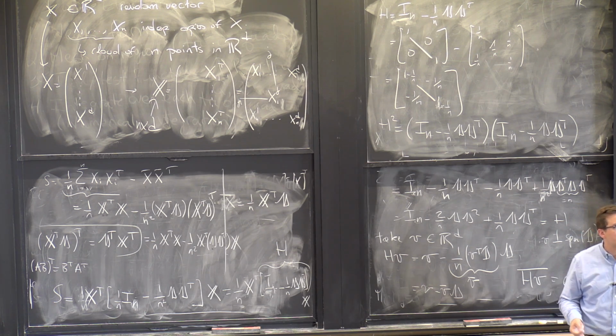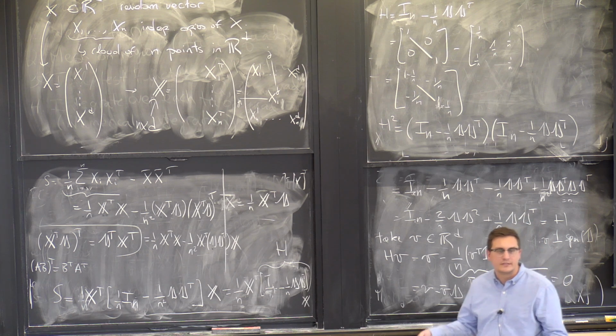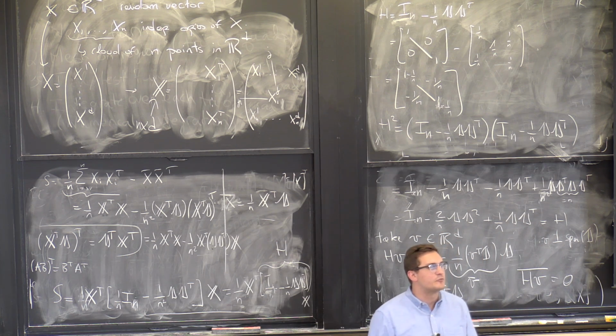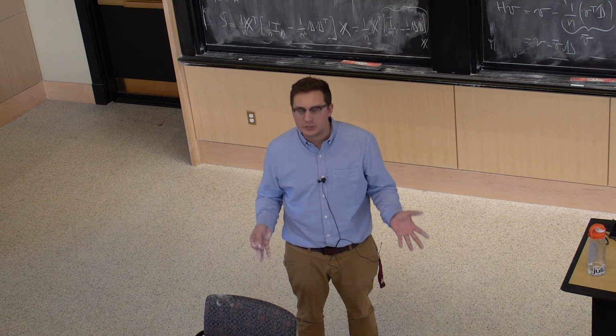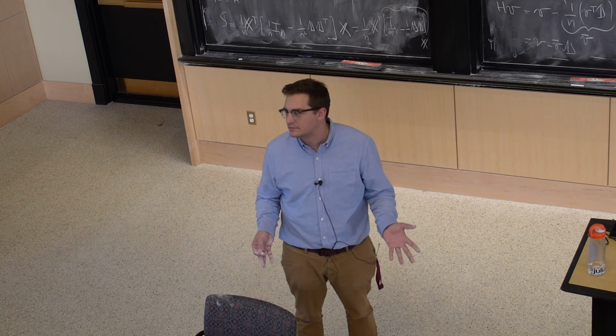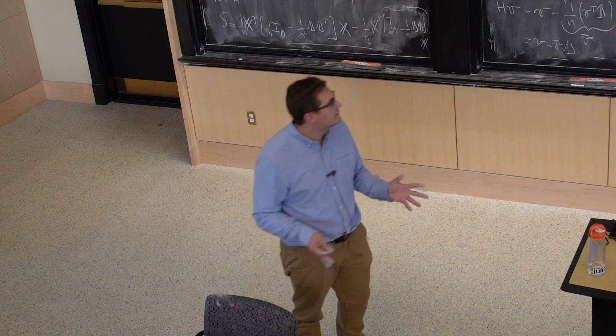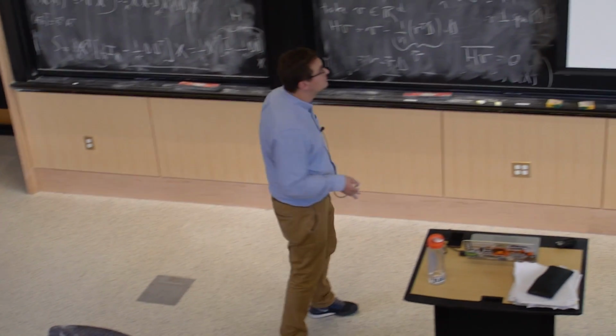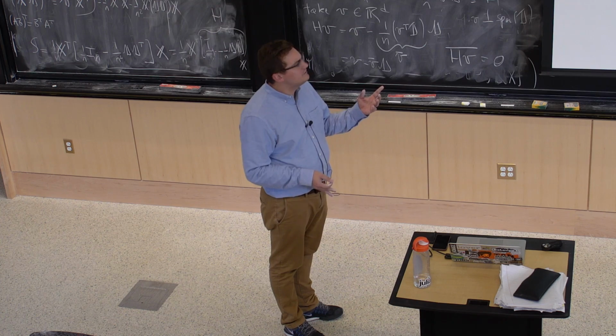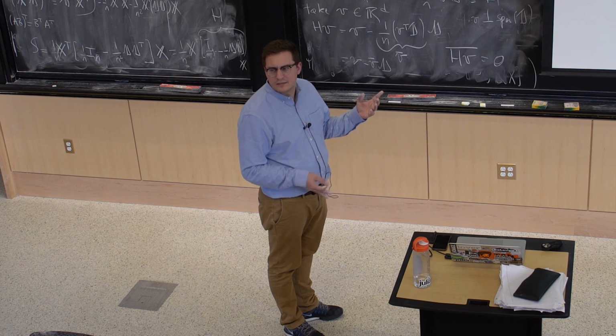That's it. So in words, it projects onto the space of vectors that have 0 mean. In linear algebra, it projects onto the hyperplane which is orthogonal to the all ones vector. OK? So that's all. Can you guys still see the screen? Are you good over there?